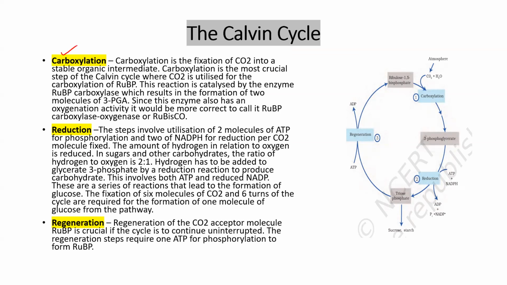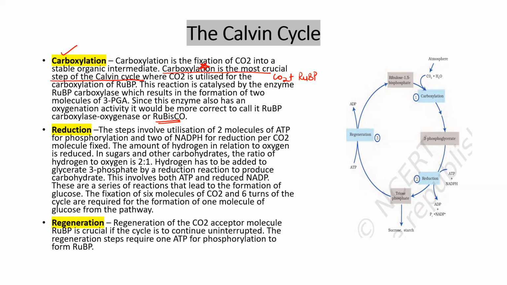The first step is carboxylation, and it is catalyzed by the enzyme known as Rubisco. Clear? Here, carbon dioxide will combine with the 5-carbon compound, that is RuBP. This enzyme has affinity for both oxygen and carbon dioxide. Carboxylation is the most crucial step of the Calvin cycle.